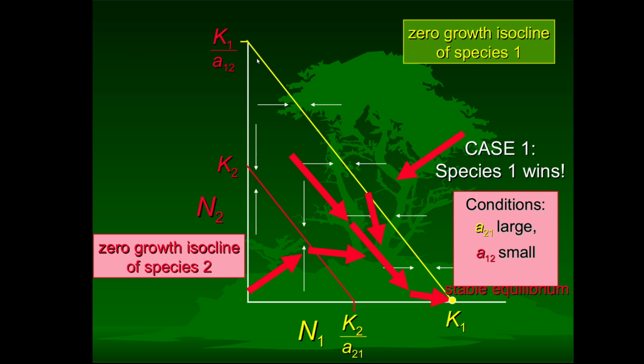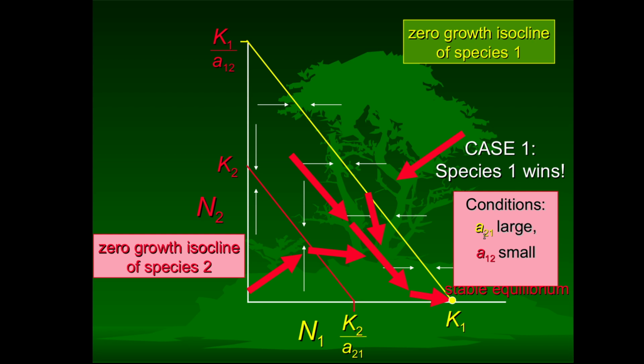In case one, the yellow isocline for species one is above the red isocline, all of it. In this case, species one will win the competition. No matter where you are in the phase space diagram, the two populations will eventually progress to this point right here, which is the stable equilibrium, the carrying capacity of one, where there's zero individuals of species two, so one wins.